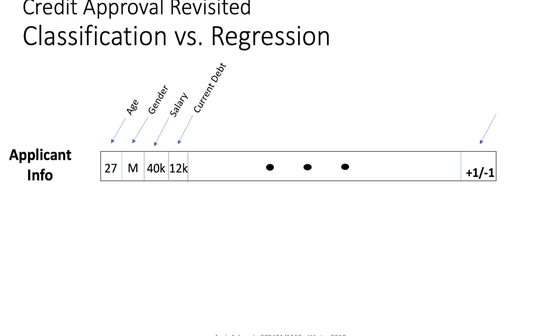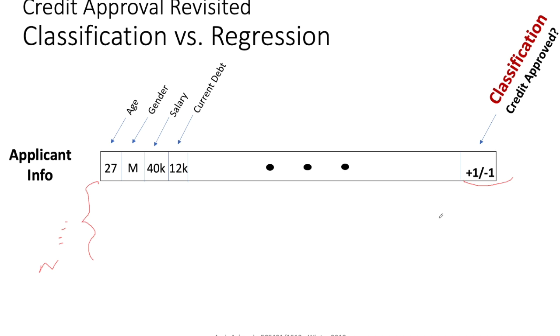We had application info, from 1 to n, using features like age, gender, salary, current debt, and so on. Using a classifier, we could classify them either +1 or -1, which corresponded to either approving or rejecting the credit card. So that was the classification, the credit approval, right?